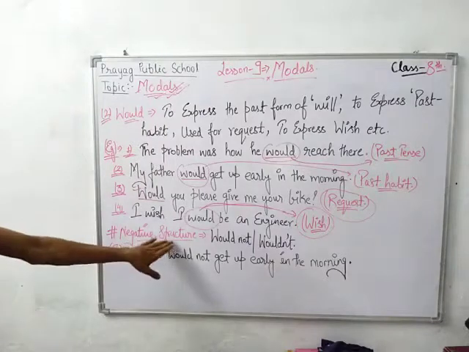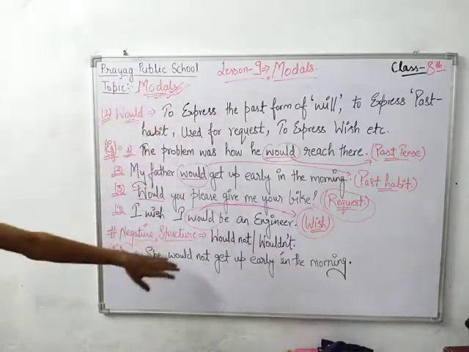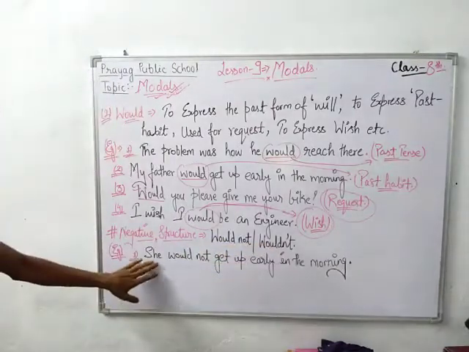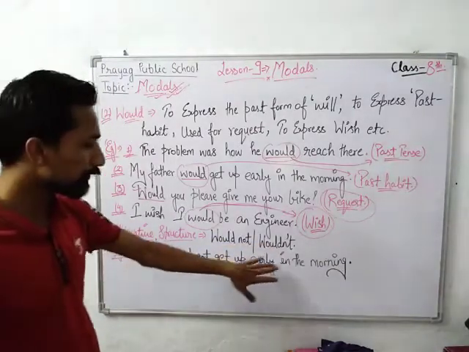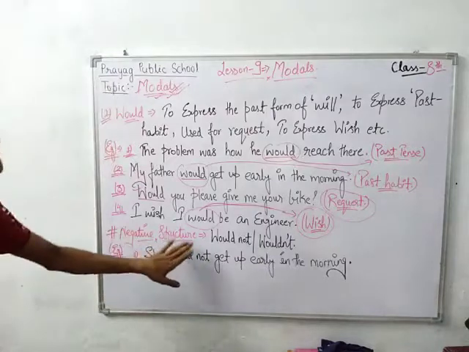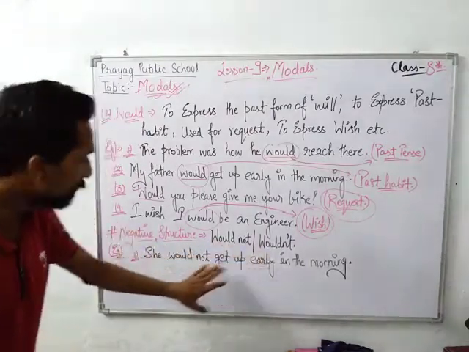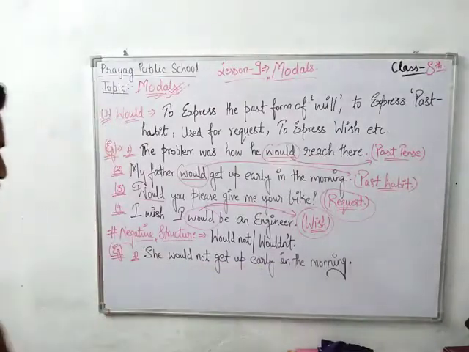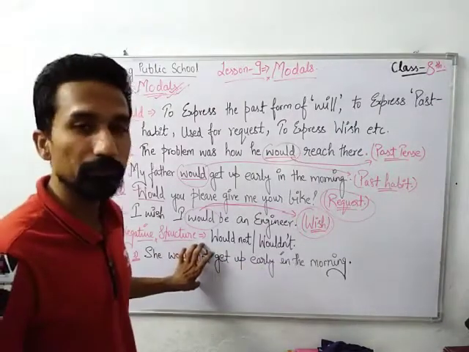So let's see the negative structure of modal. Negative structure क्या होता है? Would not होता है या wouldn't होता है, right? So she would not get up early in the morning. अब she would not get up early in the morning मतलब वो सुबह सुबह जल्दी नहीं उठा करती थी.